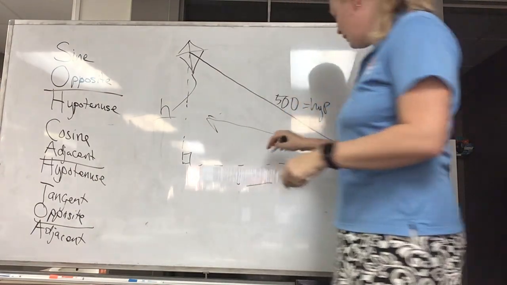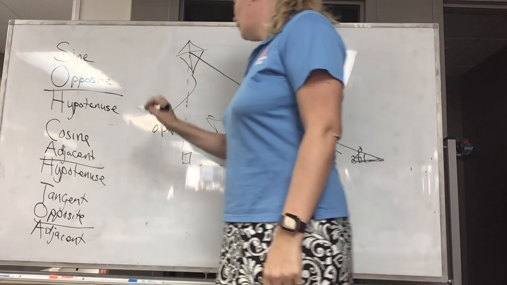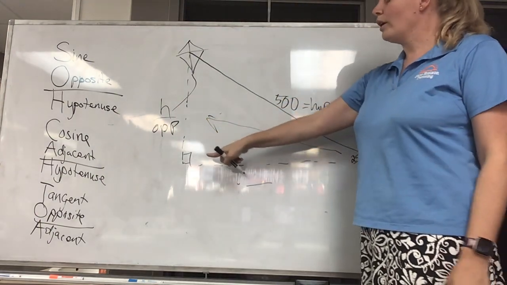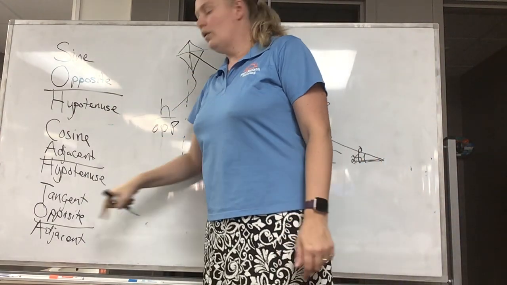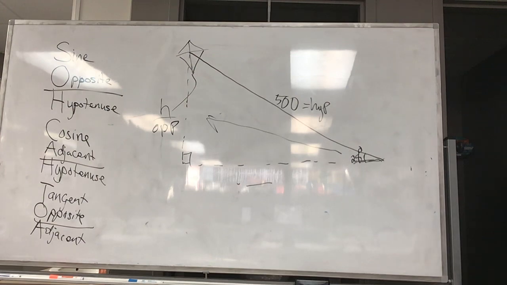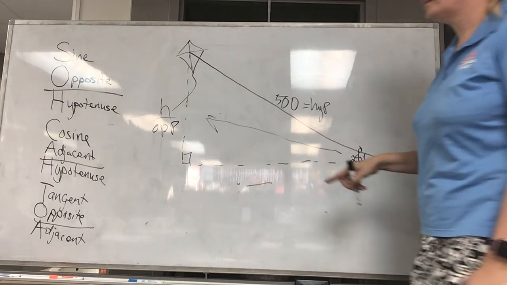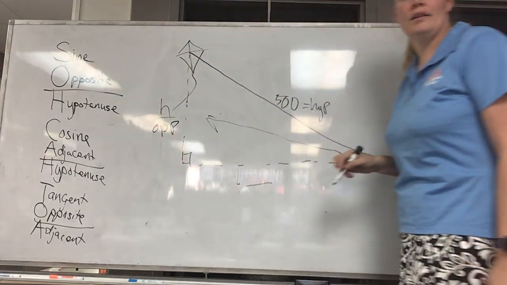It's not making up one of our sides. So, working with opposite and a hypotenuse, which one do we need to work with? Opposite and hypotenuse, we need to work with the sine.